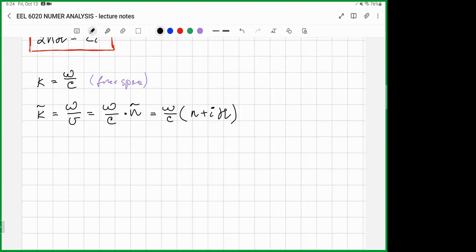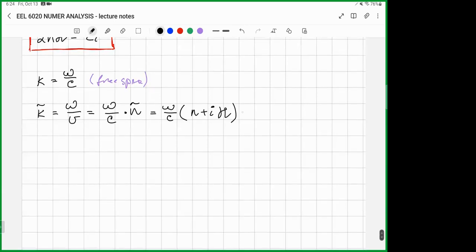And if we expand the parentheses and multiply this omega over c by n and by kappa, we're going to get some other parameters. We can call them k, the real part of the wave number, plus some alpha times i.